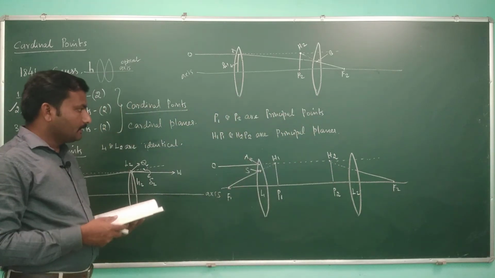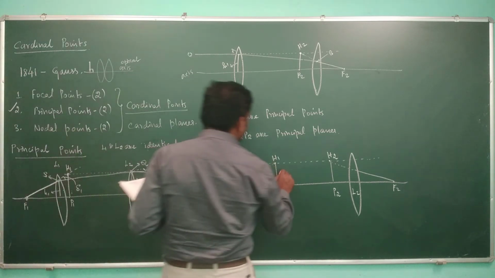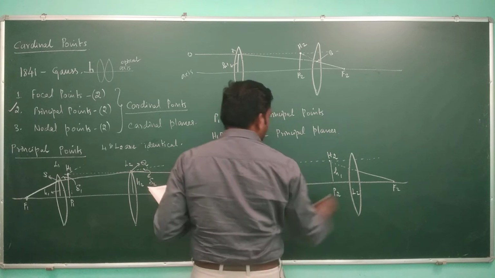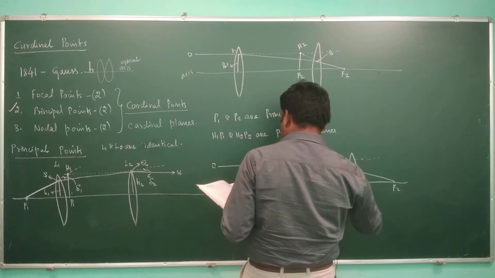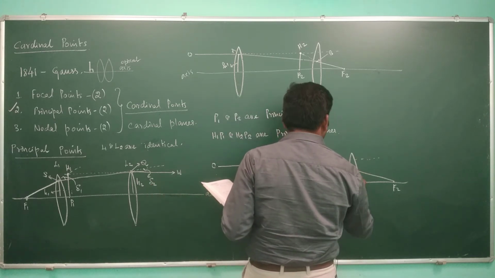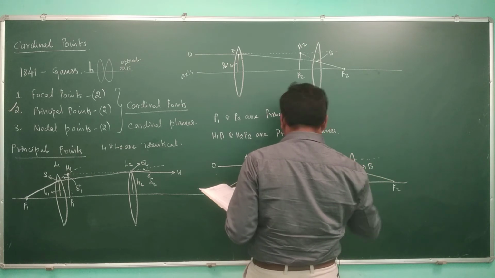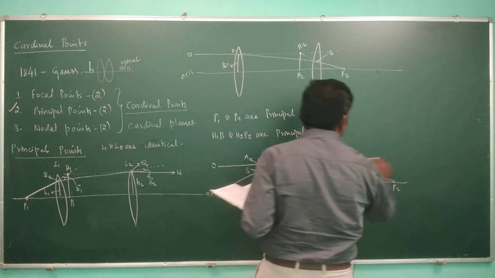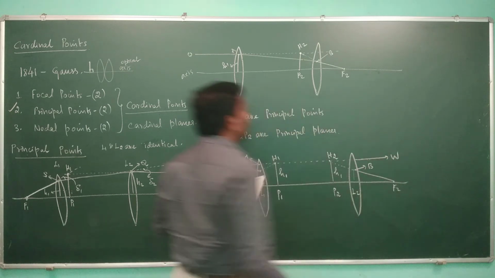And this point is B, and the emerging light is W.